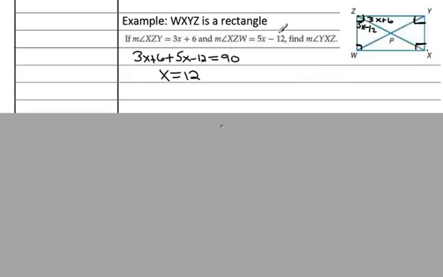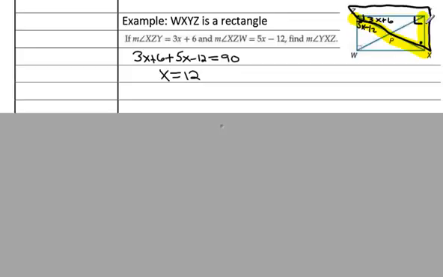But the question didn't say find x. The question says find the measure of YXZ. So that would be this angle right here. And now we're looking for the third angle in a right triangle.